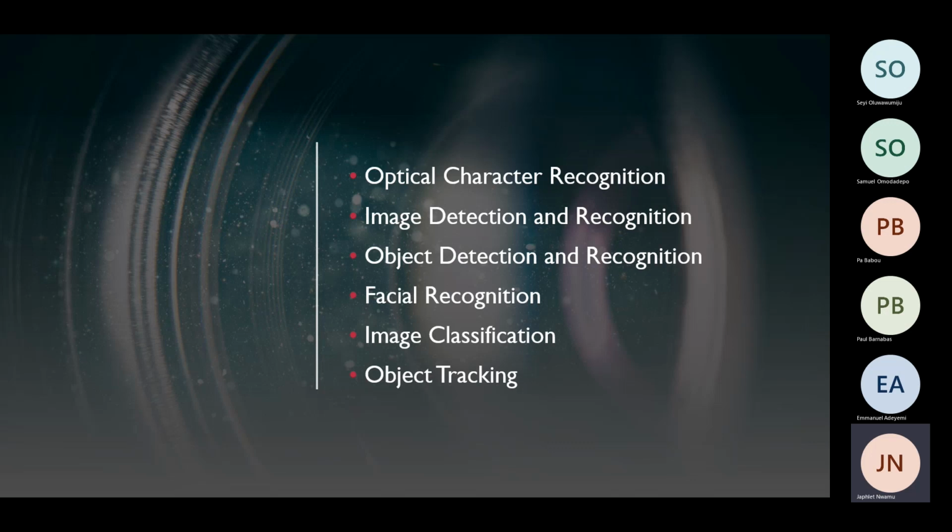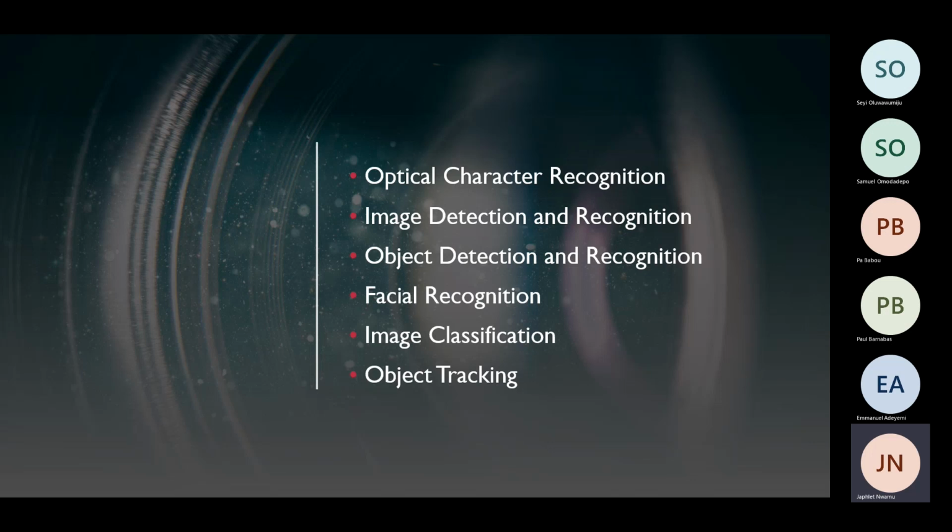But then with object recognition and object detection, what happens there is it's detecting just one object. So even if I have 20 items, it is detecting just one of those. Maybe the object recognition system has been programmed to identify apples.